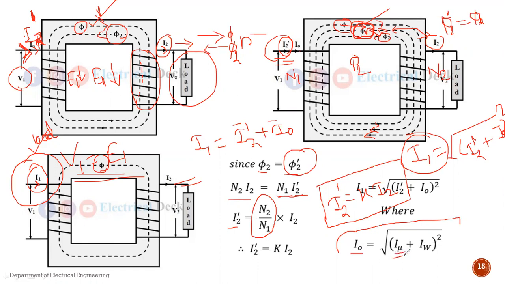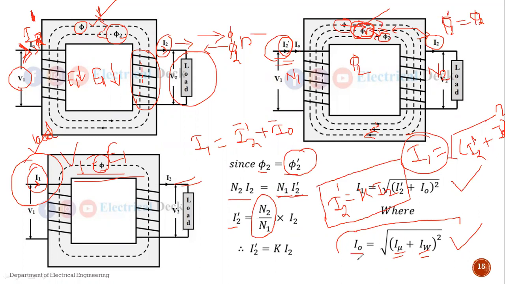I mu is nothing but the magnetizing component, IW is nothing but the working component. So the sum of these two: I0 is equal to under root of I mu square plus IW square. And similarly, the supply current at load condition, I1 is equal to the under root of I2 dash plus I0 bracket square. That means the operation remains the same.